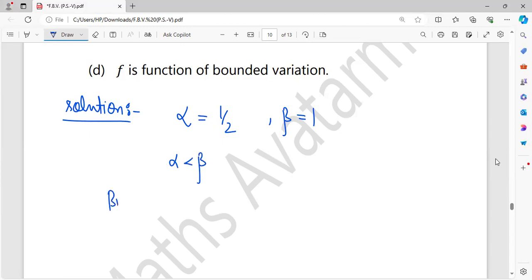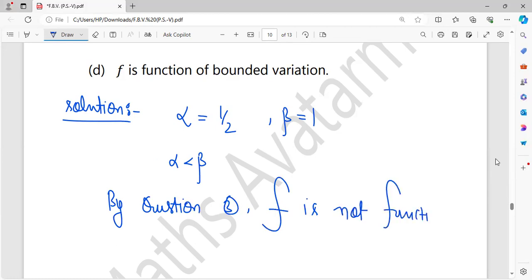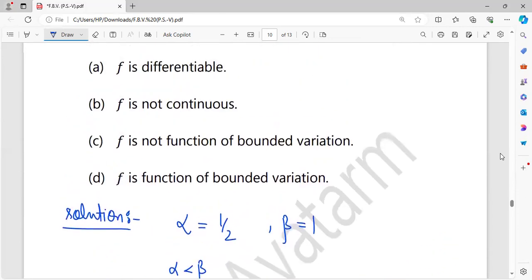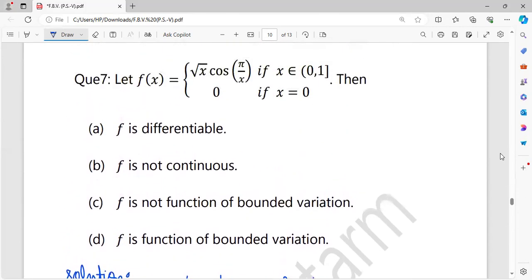So by question 3, f is not a function of bounded variation. Okay. So f is not a function of bounded variation. Which option is correct? Option C is correct.